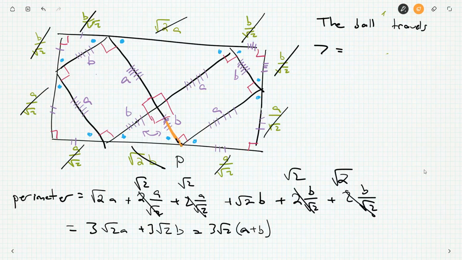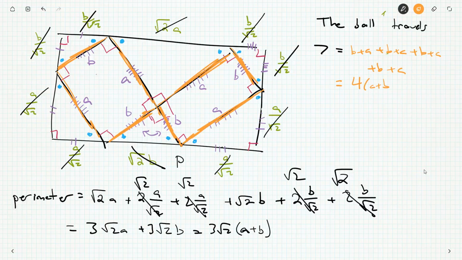The ball starts at P, travels B, then a length A, then it bounces and travels B, then A, then B, then A, then B, then A, and now it's back. So we travel B plus A plus B plus A plus B plus A plus B plus A, and that's really 4 times (A plus B).